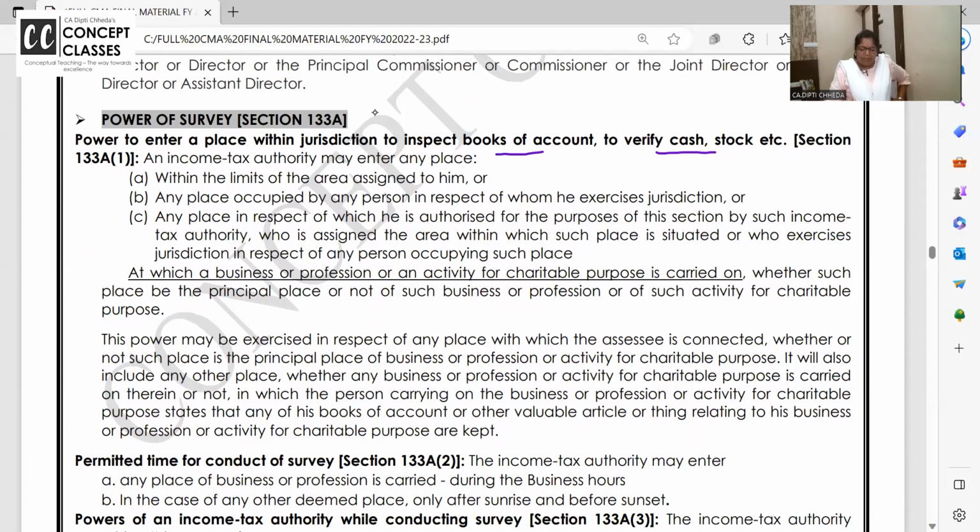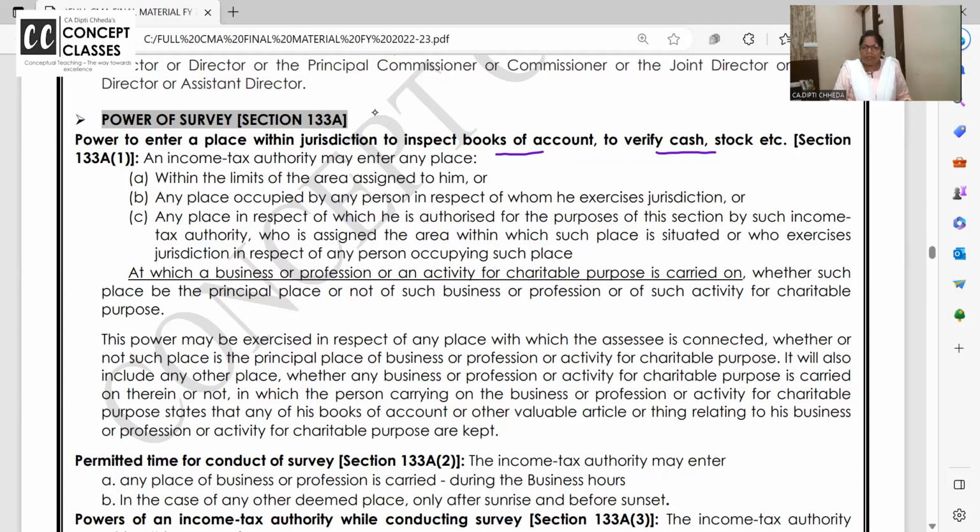An income tax authority may enter any place within the limits of the area, or any place occupied by any person in respect of whom he exercises jurisdiction, or any place in respect of which he is authorized for the purpose of this section. Income tax authorities who is assigned the area within which the place is situated. So whatever places are in his jurisdiction, everywhere they can do that. At which a business or profession is carried out, including charitable purpose.